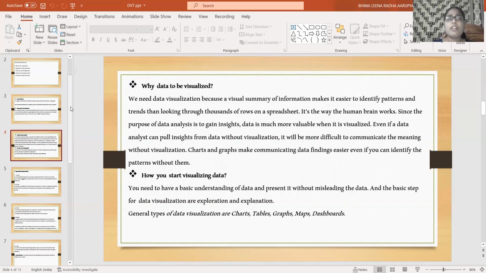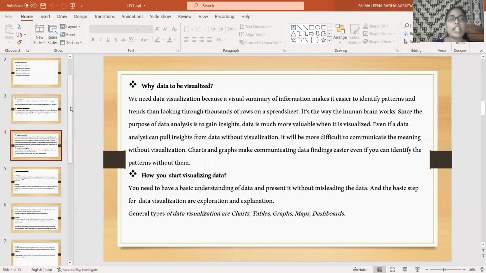And why should data be visualized? See, let us look into it. We need data visualization because a visual summary of information makes it easier to identify patterns and trends than looking through thousands of rows on a spreadsheet. It's the way the human brain works.